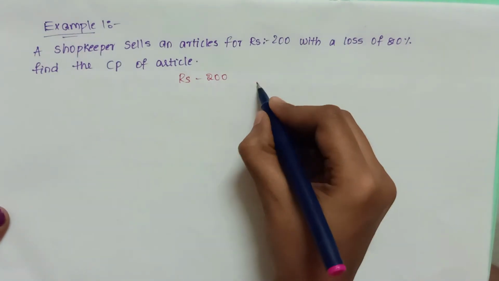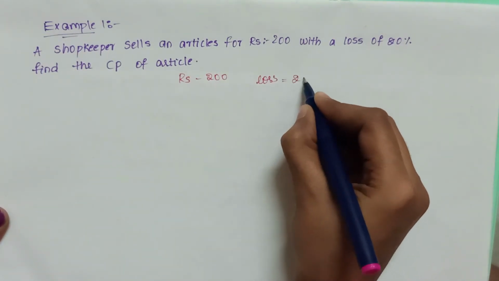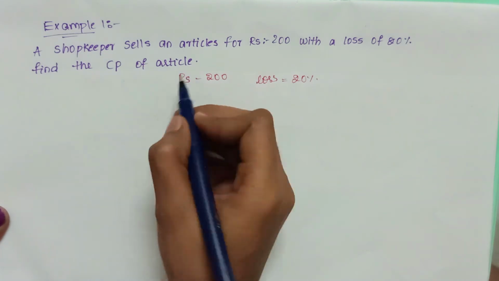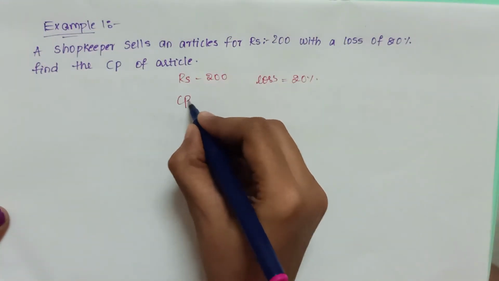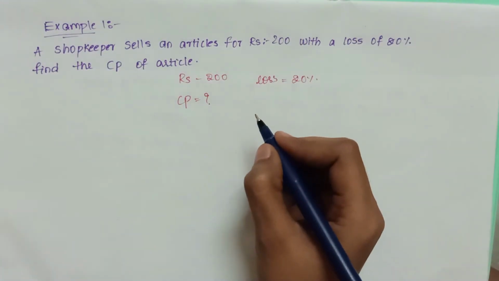Now examples. A shopkeeper sells an article for rupees 200 with a loss of 20%, and we have to find the CP of the article. Now we want to find the CP, that means cost price.